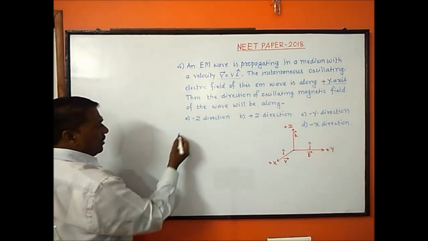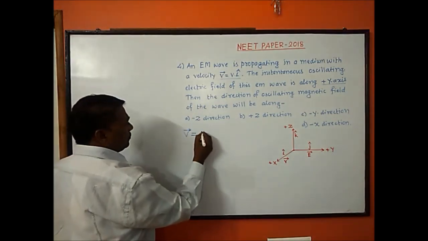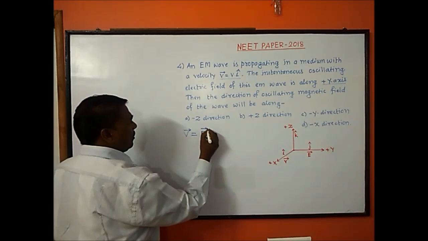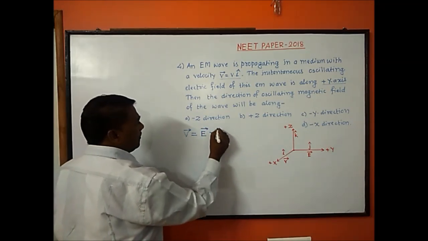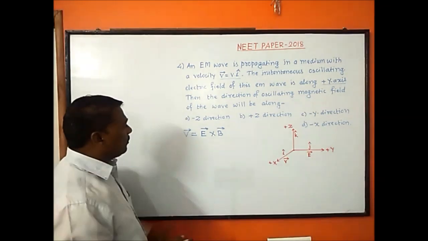Now according to the vector product, vector v is equal to vector E cross vector B. And these three directions are mutually perpendicular to each other.